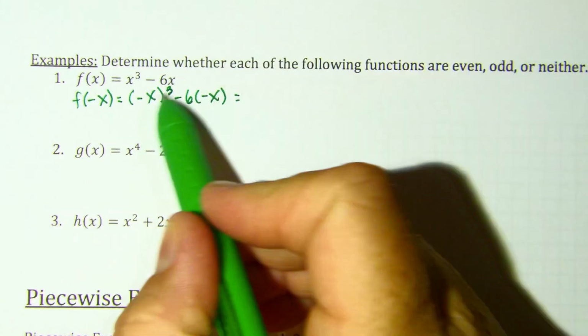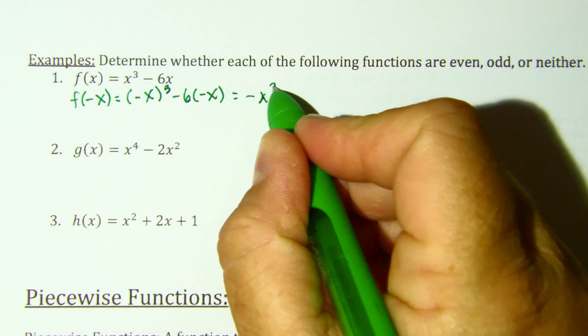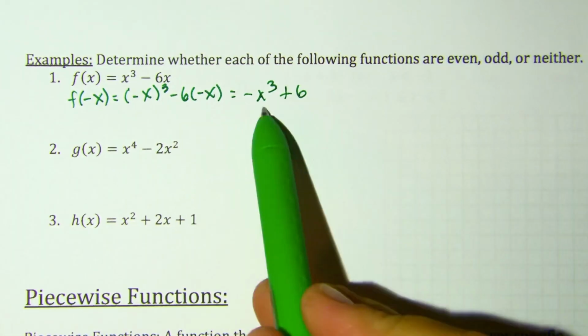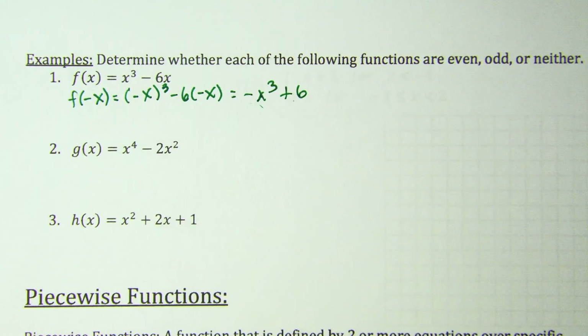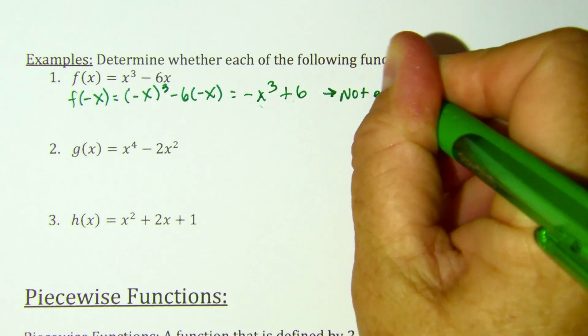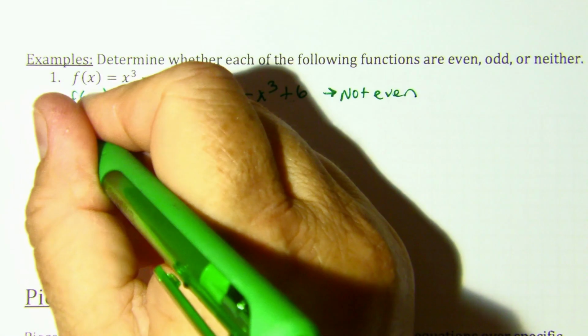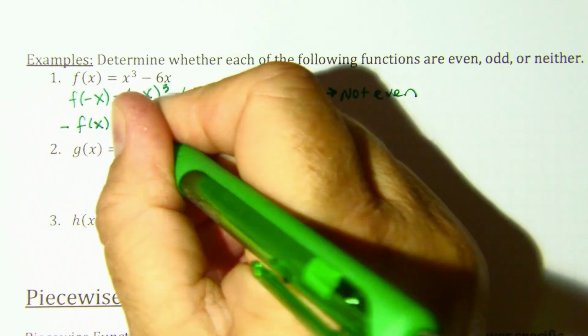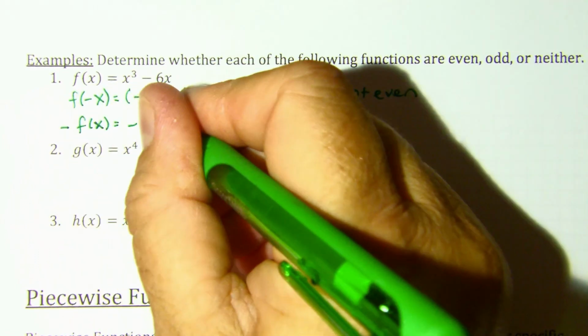Simplifying that, negative x cubed is negative x cubed, and negative 6 times negative x is plus 6x. And this is definitely not equal to the original equation, so it's not even. Then we want to find, okay, what is negative f of x? That's like multiplying -1 times the whole function.